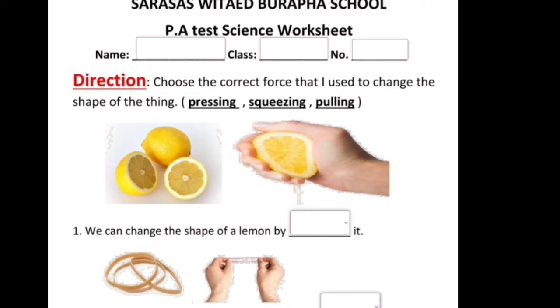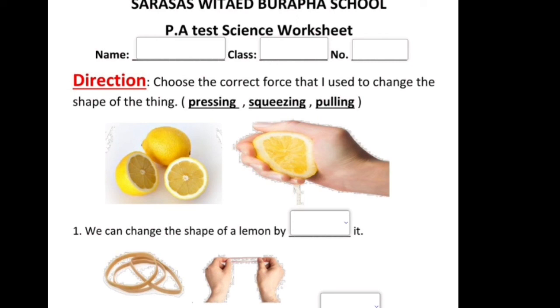Now let's answer our live worksheet, and this is our direction that we are going to follow. Choose the correct force that is used to change the shape of the thing. We are going to choose pressing, squeezing, or pulling.